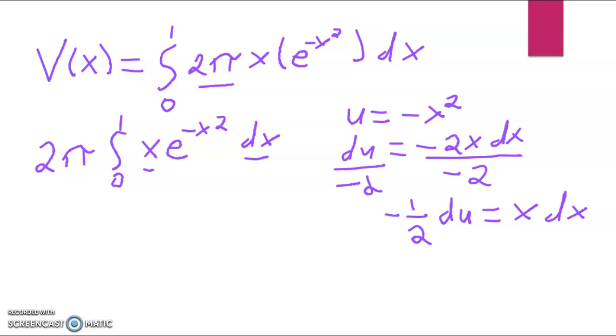Now we substitute that over here, and that's going to be 2 pi and then we're going to take the integral of negative 1 over 2 e to the u du.